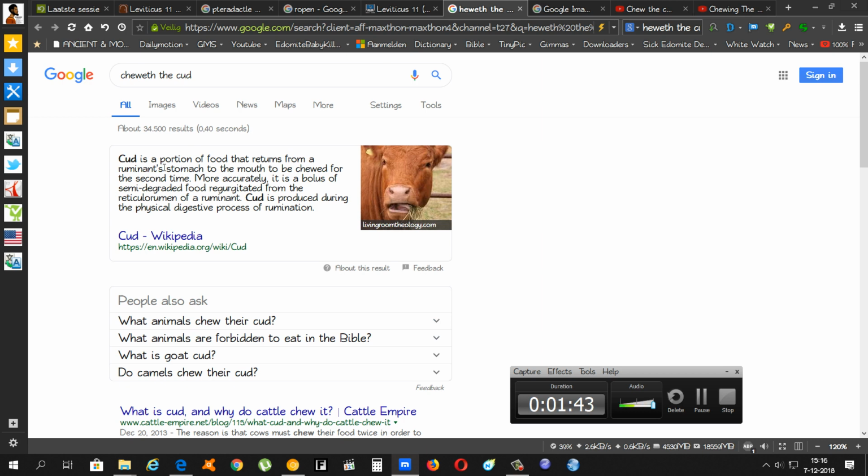Right, now it says cud is a portion of food that returns from a ruminant stomach to the mouth to be chewed for the second time. That's what cheweth the cud means. They swallow it. It says this, more accurately: it is a bolus of semi-degraded food regurgitated from the reticulorumen of a ruminant.